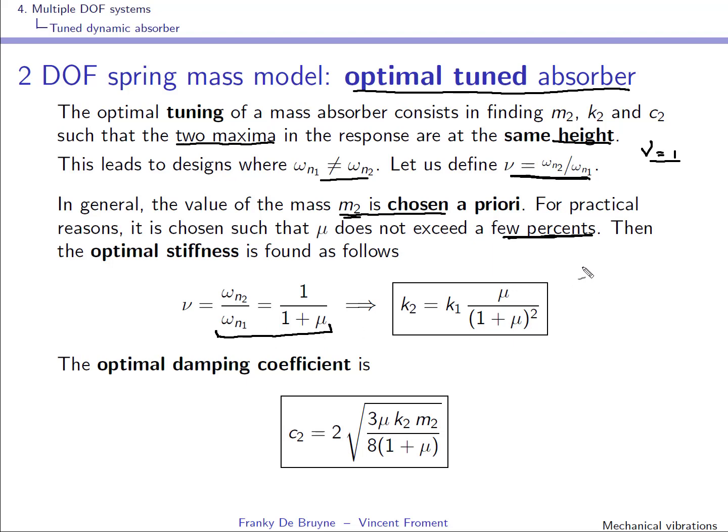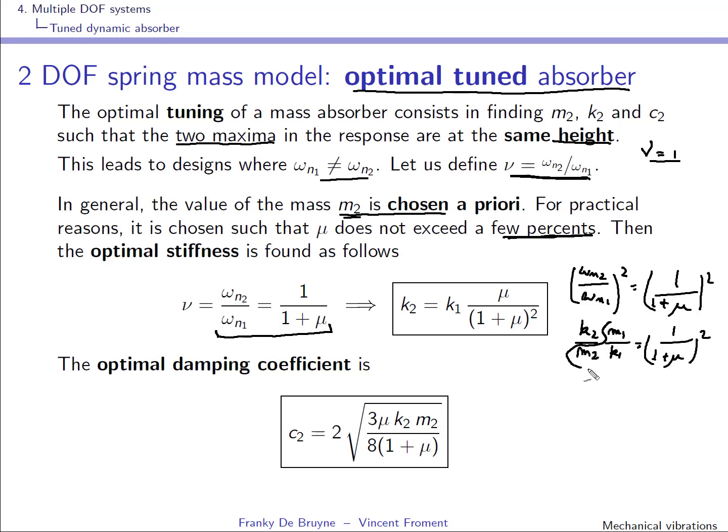So you have omega over omega n1 squared is 1 plus mu, and here you have k2 over m2 divided by the first natural frequency, so m1 divided by k1. I need to square over here also, is 1 plus mu squared.